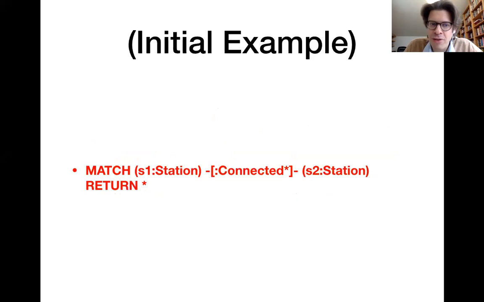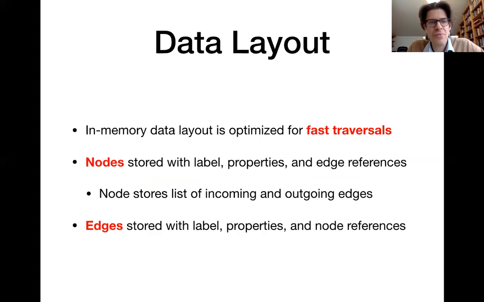And now with the features that we have seen, this would become a relatively short query. We are simply looking for paths from the first station to the second station. And if we use this asterisk in the connection, then we are automatically looking for paths of arbitrary length, which was not as convenient to represent in SQL.